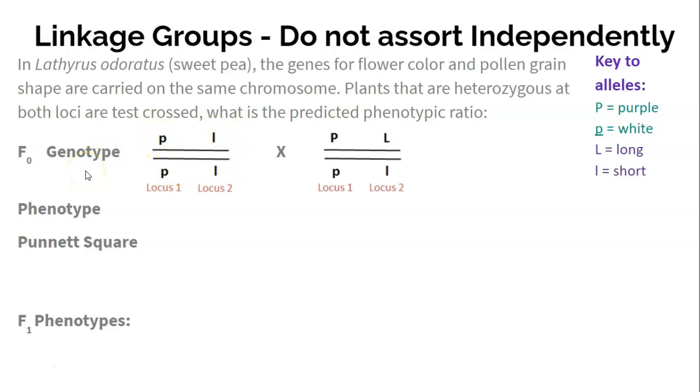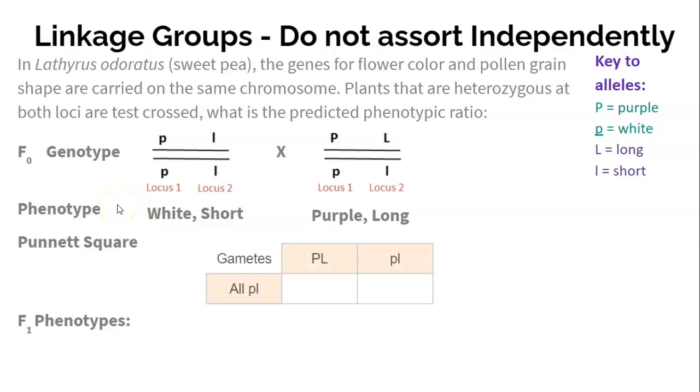So when you have this, you have your phenotypes, right? White and short are recessive, purple and long are dominant, and because this is heterozygous, it's going to show the dominant. This is a test cross, so it's going to show the recessive. When you do the Punnett square, you don't really have any options. These two must be inherited together, so you have capital P, capital L, and these two must be inherited together. They're linked.